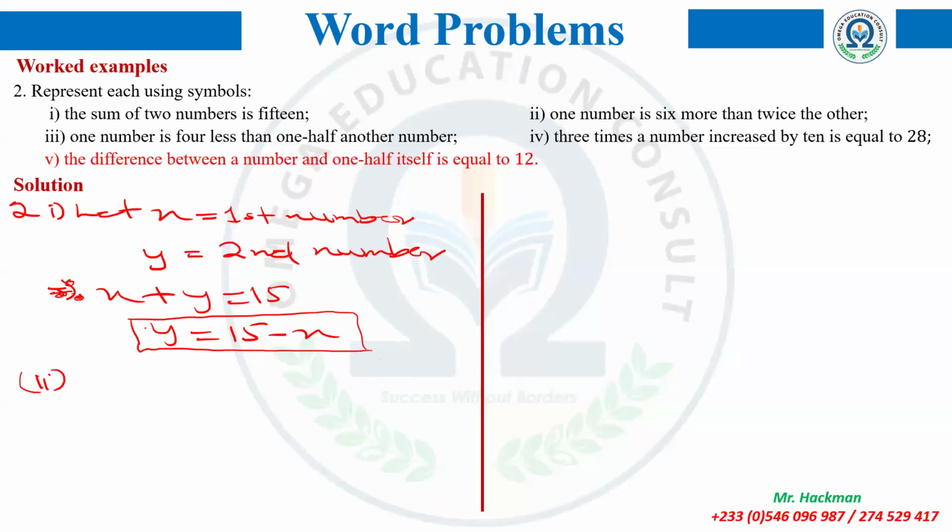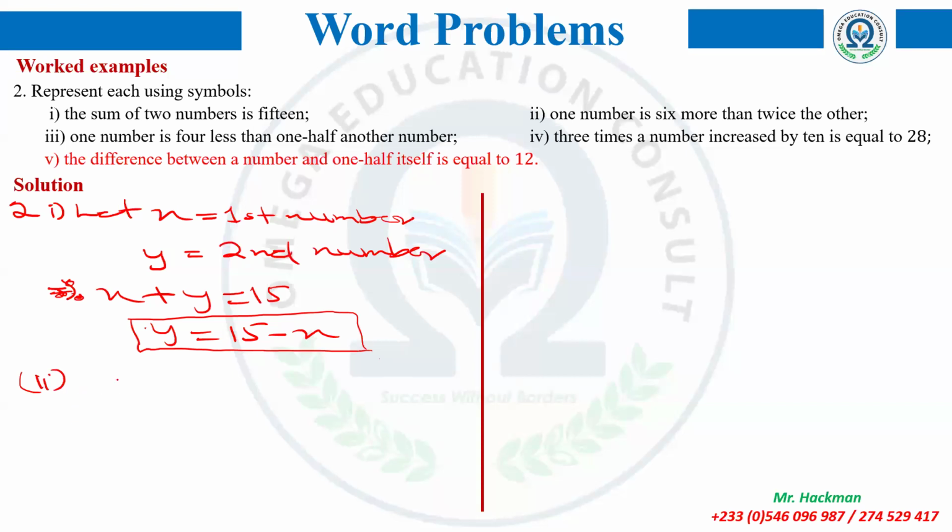I've told you that this is one of the challenging topics, so ask questions, contribute, and let's make the class interactive to help shape our understanding. So one number is 6 more than twice the other number. You can see that of the two numbers, one will be bigger, one will be smaller. If you like, you can use first number, second number, or bigger number, smaller number. Is that clear?